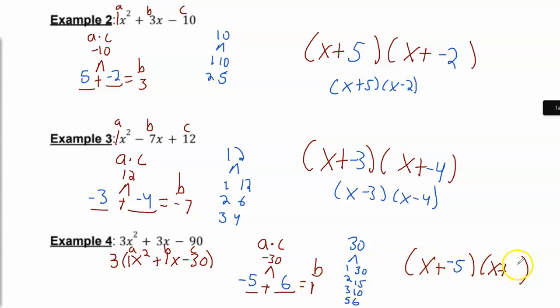Sorry, negative 5 and positive 6. So notice everything we've done, even once we factored out a GCF, has an a of 1.